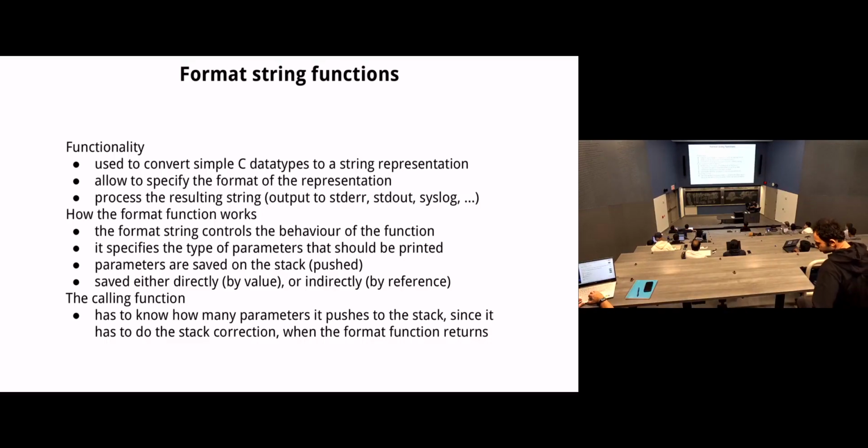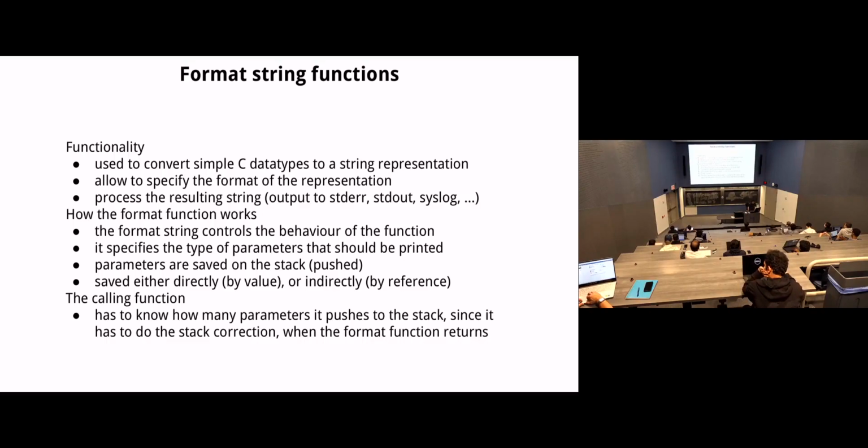Then those functions can output to stdout, stderr, and also other file descriptors. So the format string controls the behavior of format string functions. printf is a format string function. There are many other format string functions, but printf is the one we are familiar with.